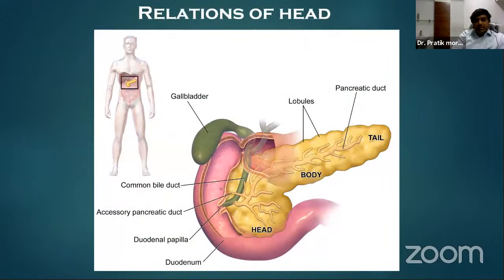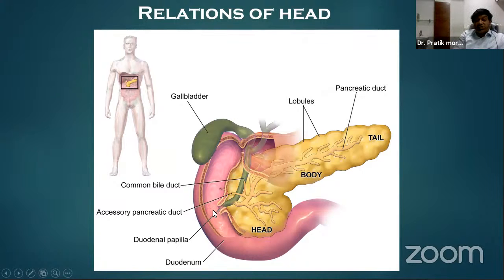Okay, next, you can see the relations of the head. This is the head, and this is the main pancreatic duct, carrying all the pancreatic juices from everywhere, and it enters here along with the common bile duct. So pancreatic juice and bile both enter the second part of the duodenum, where there is the major duodenal papilla, and it helps in digestion.